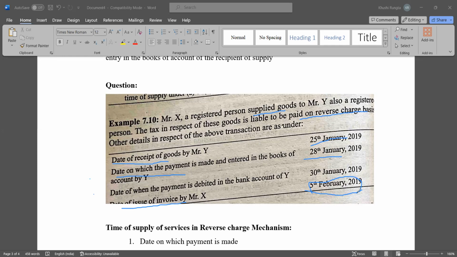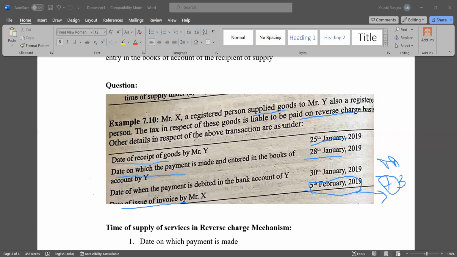So when you calculate those dates, you will arrive at 7th March. You can open your calendars and calculate. You will arrive at 7th March.